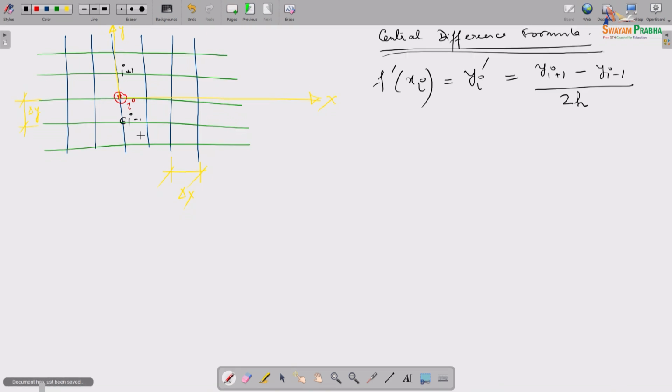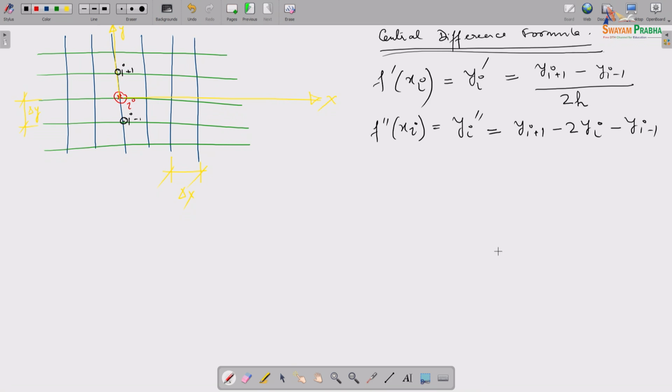So when I say this, I mean this location. And it is equal to y_{i+1} minus 2 y_i plus y_{i-1}, divided by h squared.